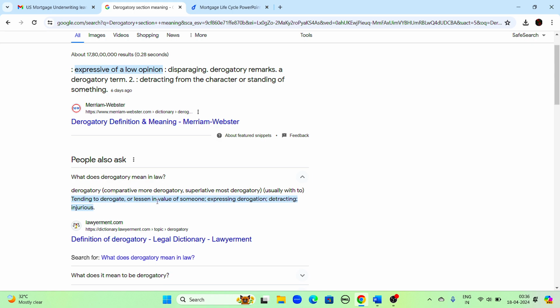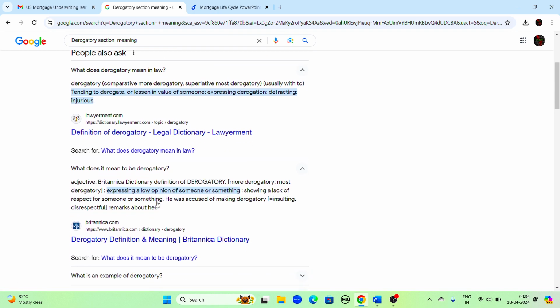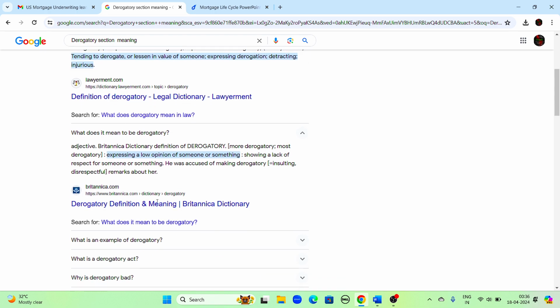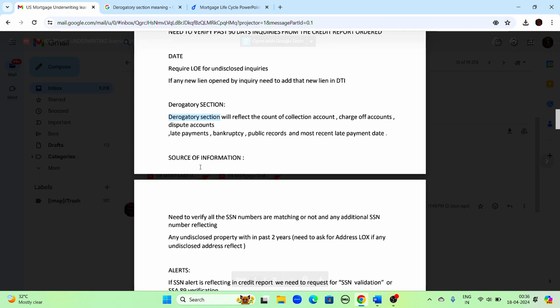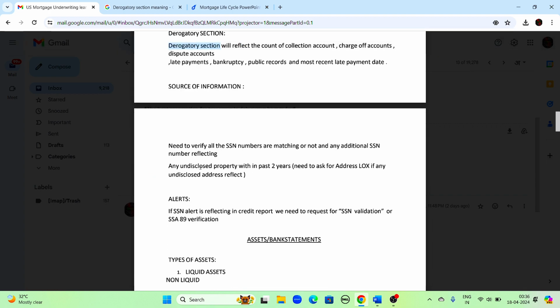Tending to disparage or lessen in value of someone; expressing a low opinion of someone or lack of respect. Source information: we need to verify the SSN numbers are matching or not, and whether any additional SSN numbers are reflecting.